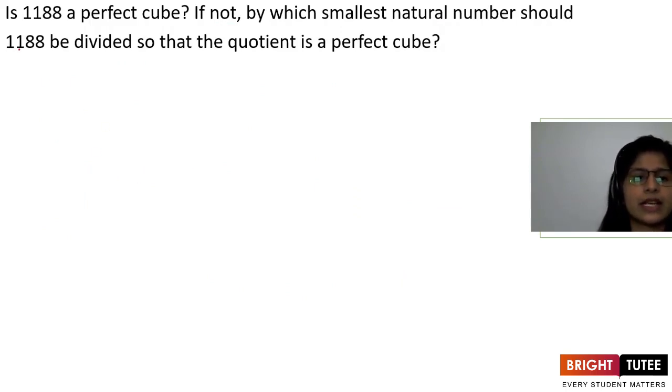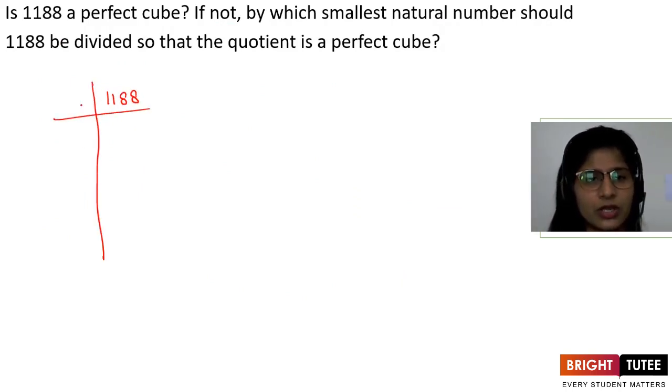It is saying 1188, a perfect cube. Let's try with 1188 and check whether it's a perfect cube or not. Starting with 2, we have 2 fives are 10, then 1 is left, 2 nines are 18, 2 fours are 8. Again with 2, 2 twos are 4, 2 nines are 18, 2 sevens are 14. Now we have 297. Is it divisible by 2?